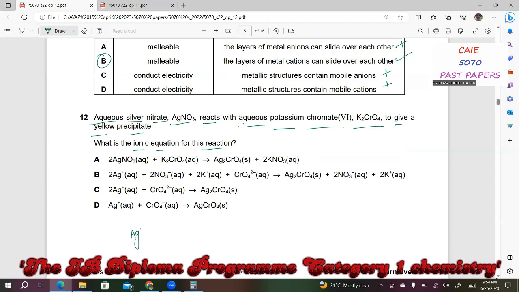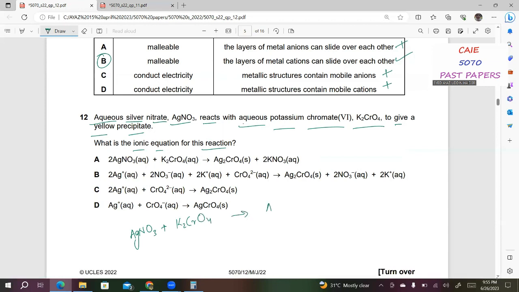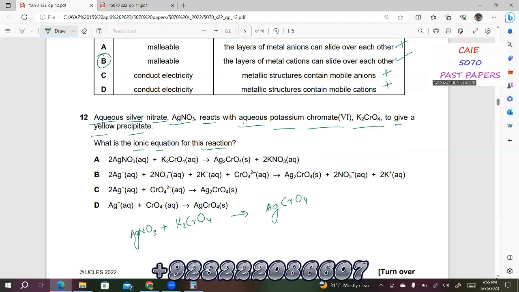So the products will be AgNO3 plus K2CrO4 gives Ag2CrO4 plus KNO3. Now balance the equation. So we'll get this.